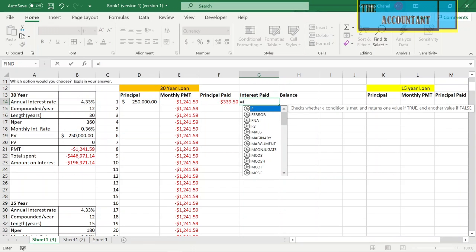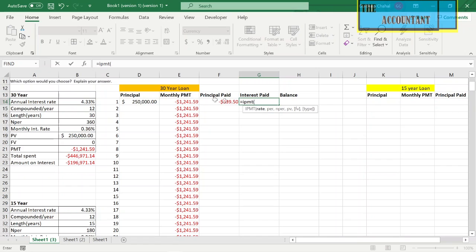So now if you want to find out how much of that is interest, you can use a similar formula equals IPMT. And again, you would want the monthly rate. This is going to be absolute because you don't want it to change. The period is not absolute because you do want it to change. The number of periods is absolute as well as the future value and the present value.